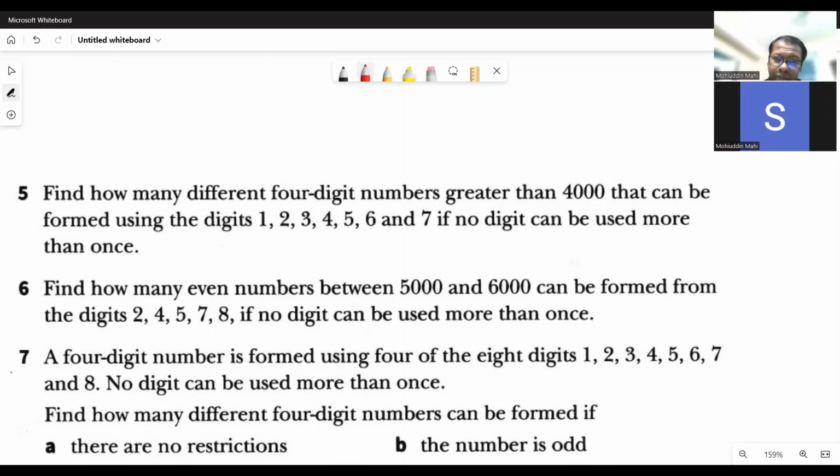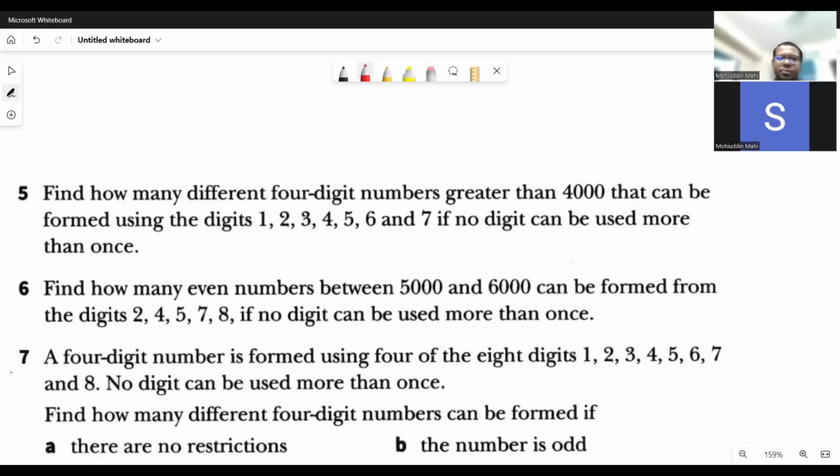So you have to keep that in your consideration while solving this exercise. You need to learn this topic at your fullest so that you don't face much difficulty in A level, in AS or A2, whenever you are going to take S1.